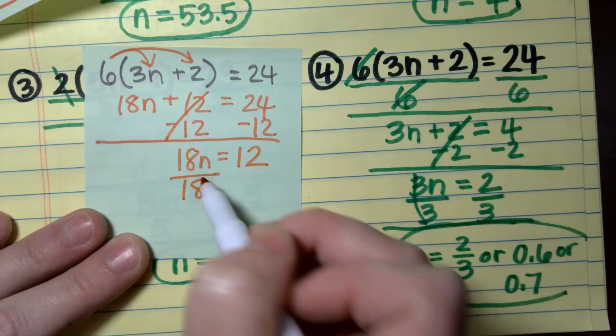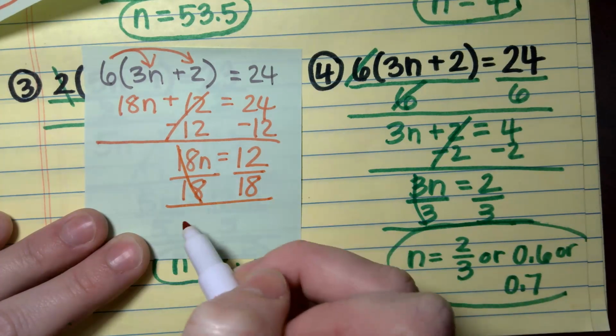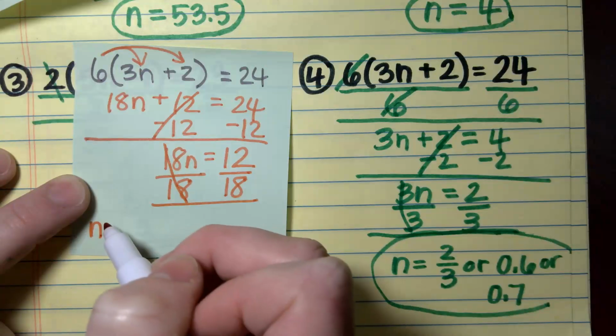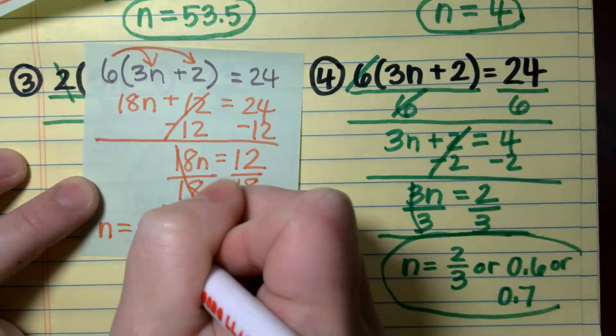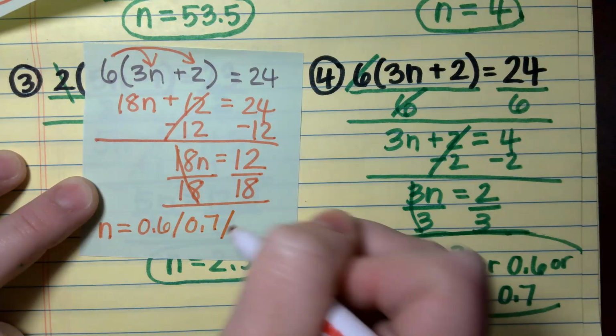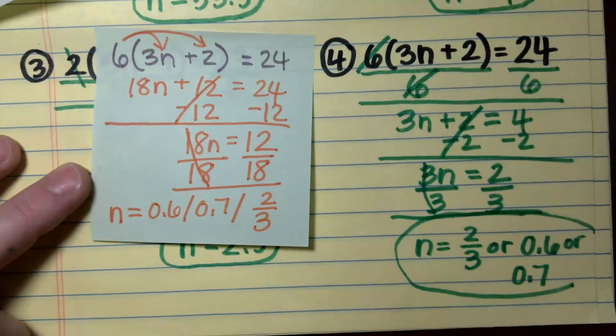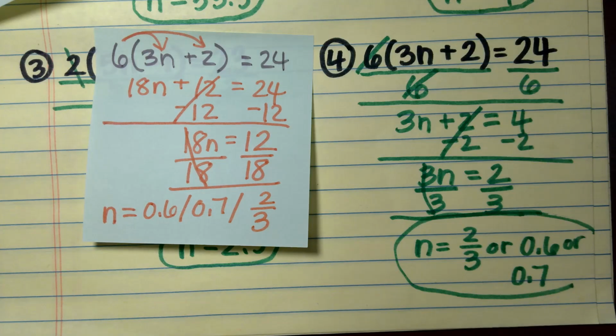Divide on both sides. And we are going to get the same thing. N equals either 0.6 or 0.7, or if you wanted to do a fraction, it could be 2/3. All right. Any questions about number 4?